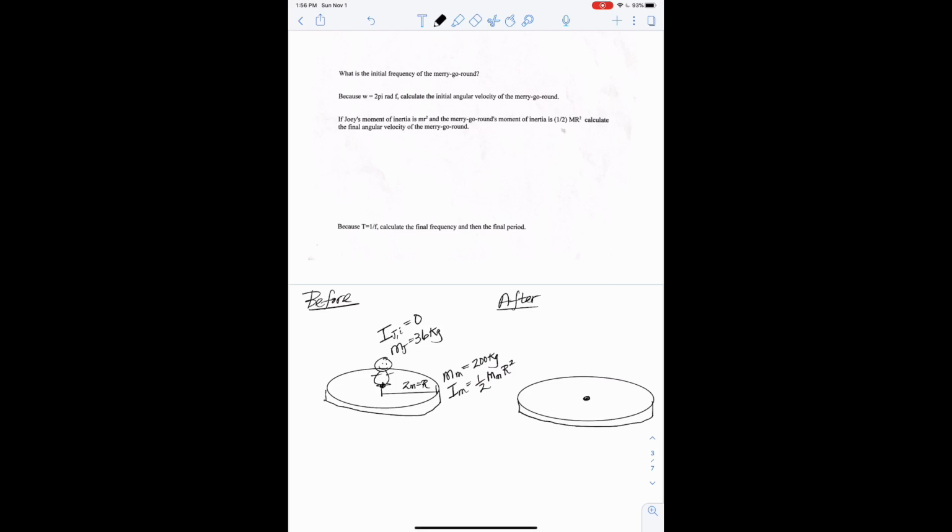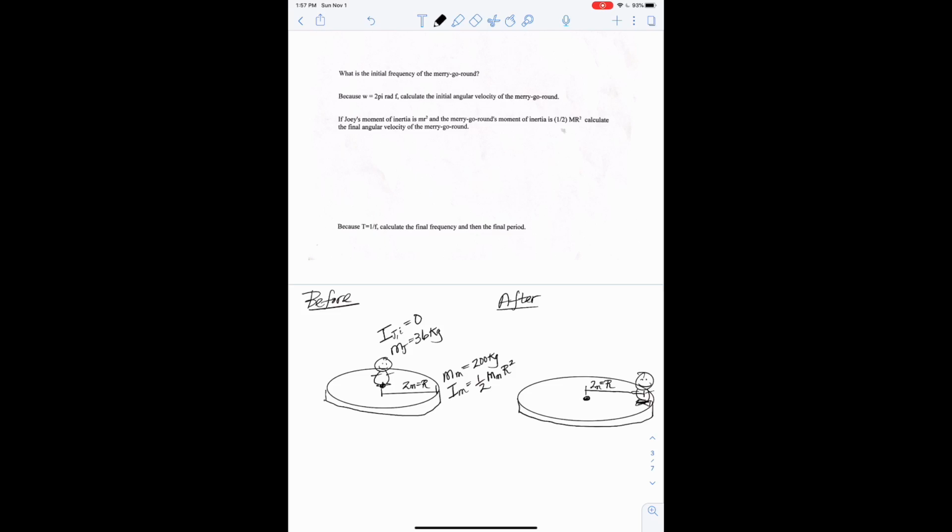But Joey is now going to go live on the edge, stand on the edge. All right, out here. Anyways, so when he does this, he now has a distance from the axis of rotation, right? Which we know is equal to r, which is 2 meters.